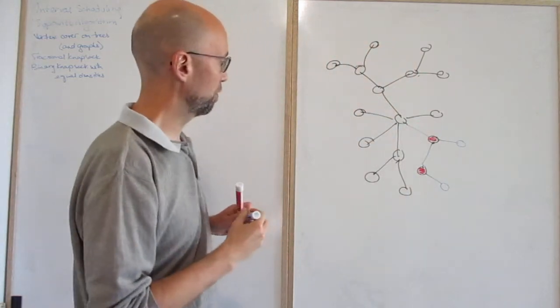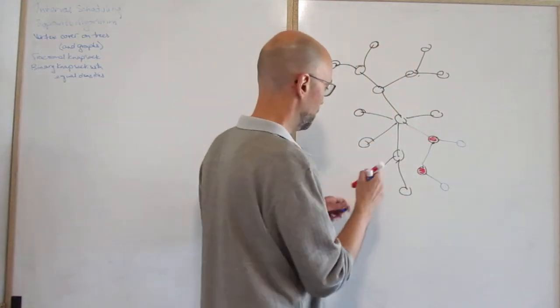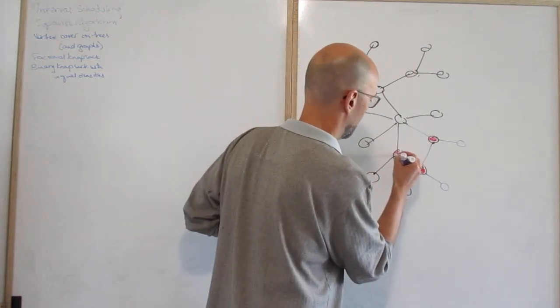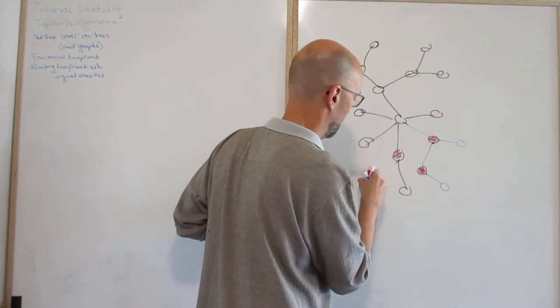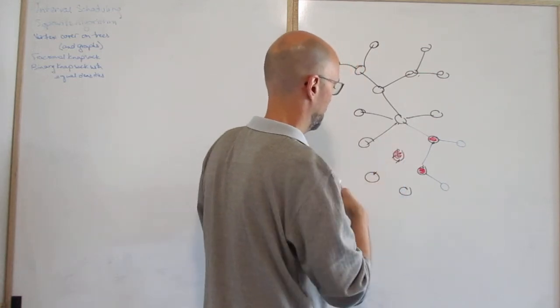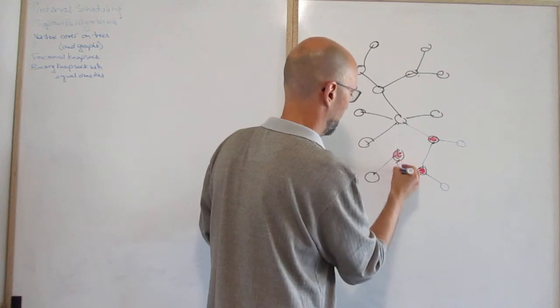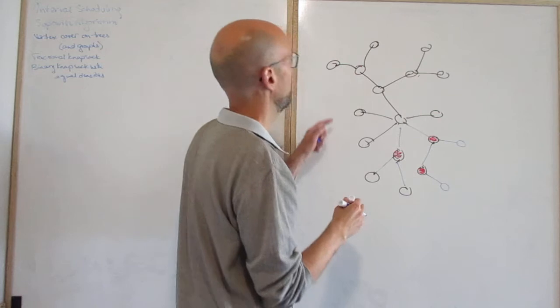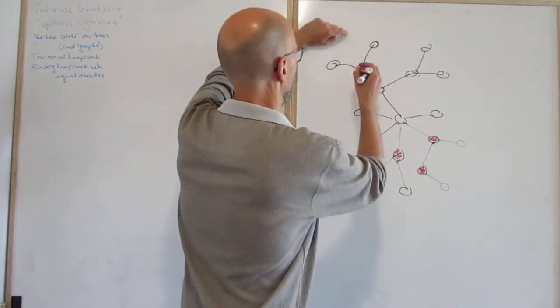We find a leaf. Let's say we take this leaf. We do not take the leaf, we take the other end. We find a leaf. Let's say we go up here. We do not take the leaf, we take the other end.